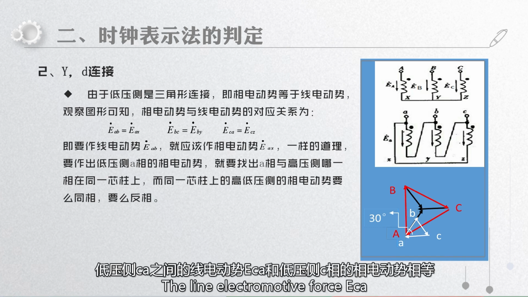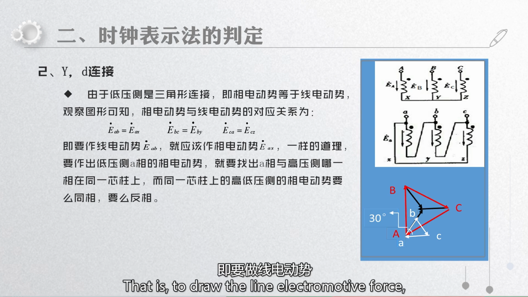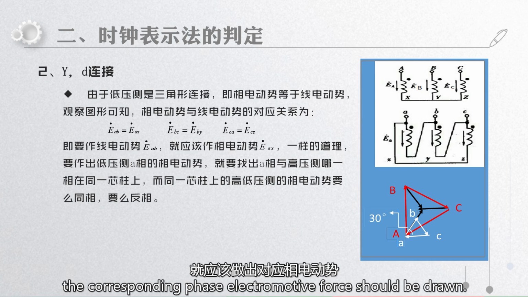The line electromotive force ECA on the low voltage side is equal to the phase electromotive force of phase C on the low voltage side. That is, to draw the line electromotive force, the corresponding phase electromotive force should be drawn.